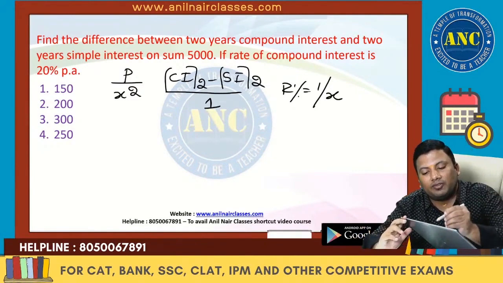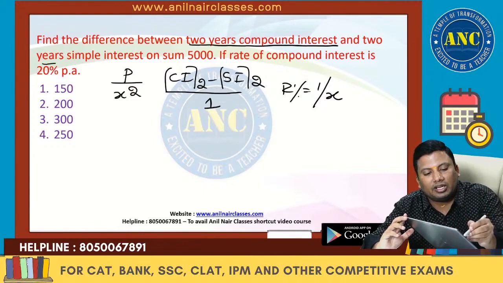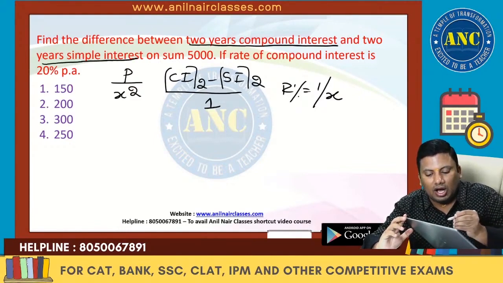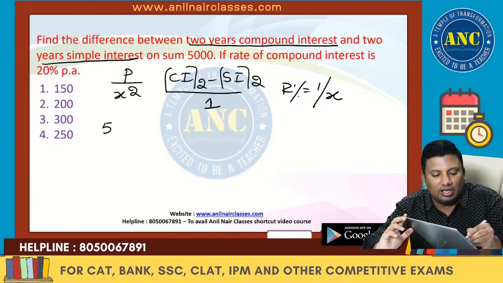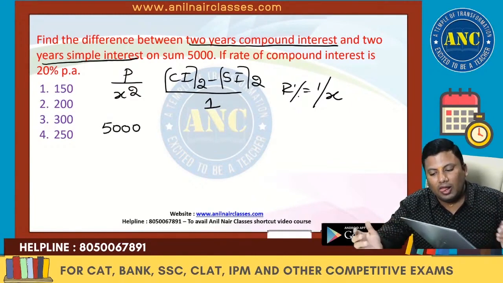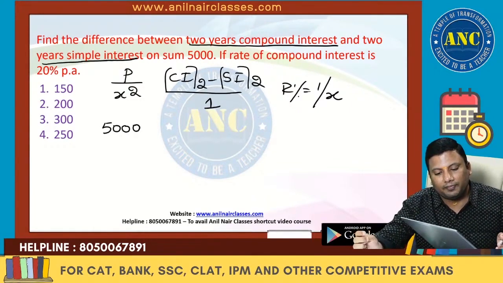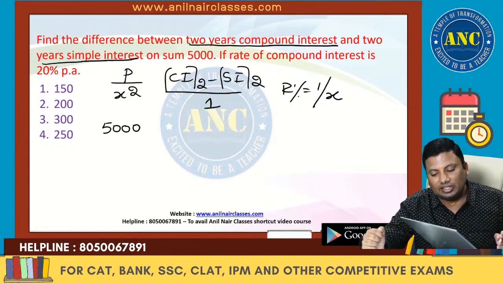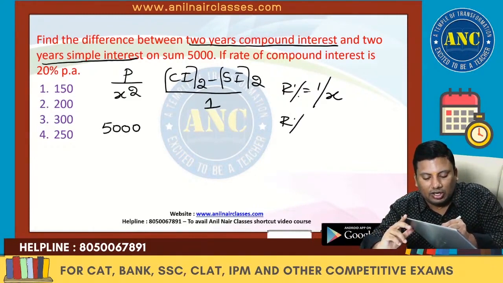Find the difference between 2 years compound interest and 2 years simple interest on a sum of 5000. If the rate of interest is 20 percent, 20 percent is 1 by 5.